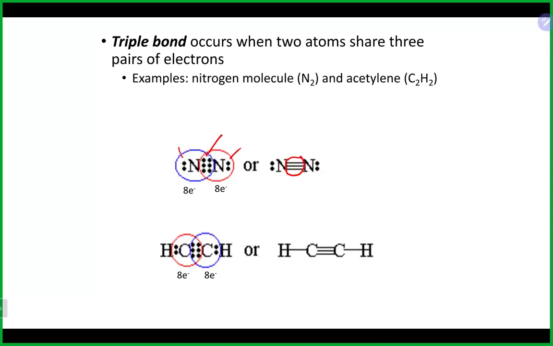Each of those nitrogens is able to achieve 8 electrons. Here's a triple bond between carbon and carbon, which is very common. We'll see that guy later when we get to organic, but in order for each of those carbons to achieve 8 electrons, it actually will need to make a triple bond in this case. A triple bond is 3 lines, or again, 6 total electrons, or 3 pairs of electrons are used.